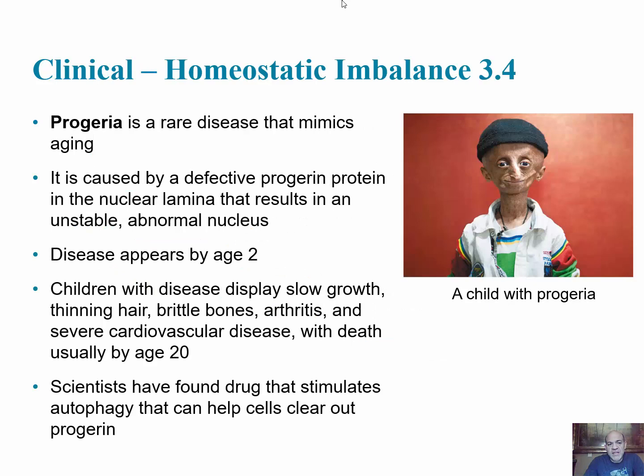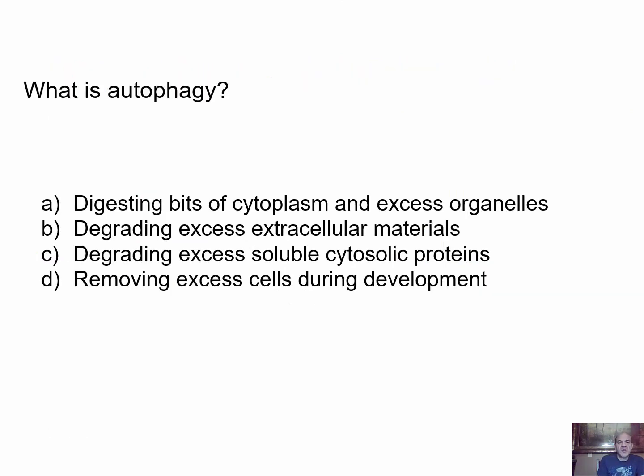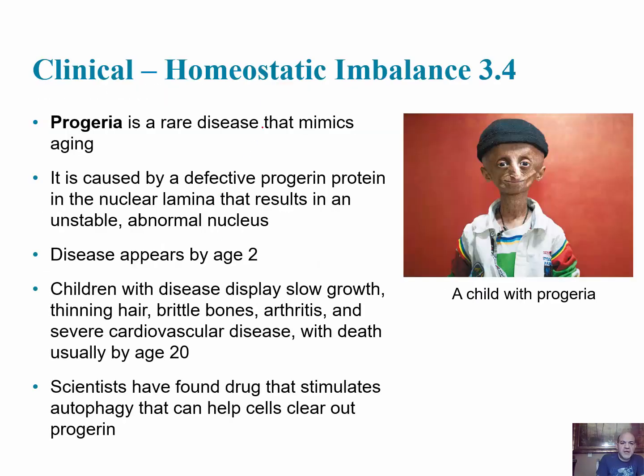Here's a homeostatic imbalance, 3.4, a clinical condition called progeria. It's a rare disease that mimics aging, and it's caused by a defective progerin protein in the nuclear lamina that results in an unstable, abnormal nucleus. The disease appears by age 2.